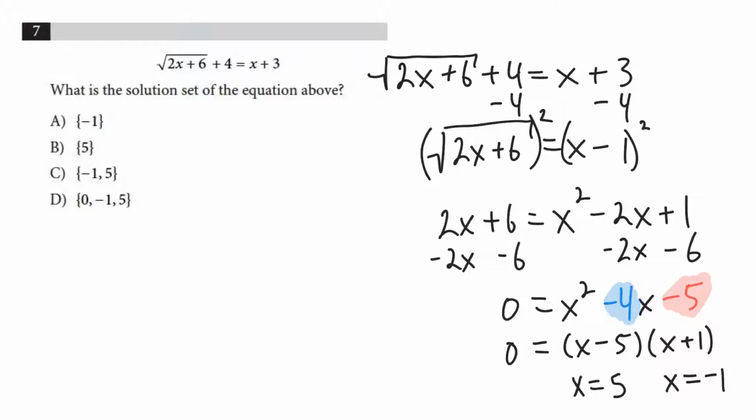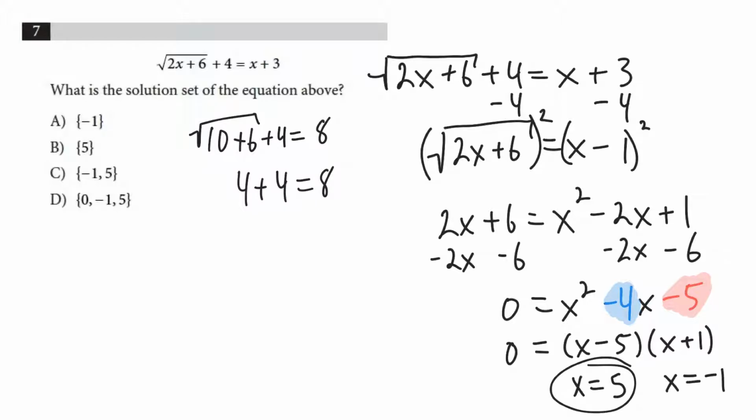If we put in a 5, 2 times 5 is 10, plus 6, square root, plus 4 equals, well, 5 plus 3 is 8. Okay, the square root of 10 plus 6, that's 16. Square root of 16 is 4, plus 4 equals 8. Yes, 5 works.